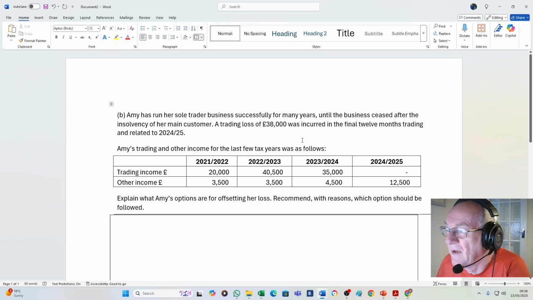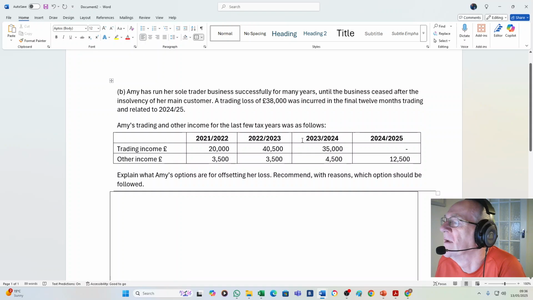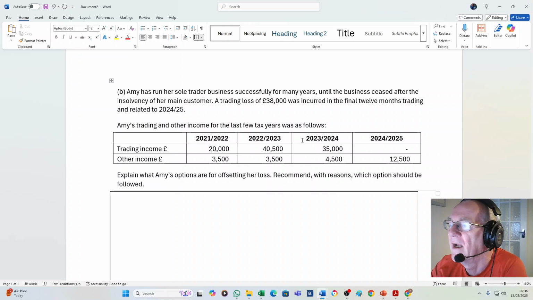It's also possible to have a terminal loss, which will come up usually in this task for either the limited company or the sole trader. So we're looking at the final 12 months, and this is simply because a main customer has gone insolvent, and therefore she's presumably owed lots of money. So poor Amy, but she's done okay before.